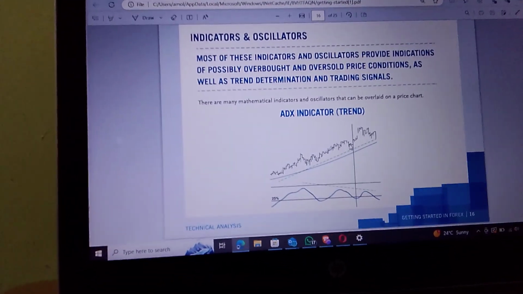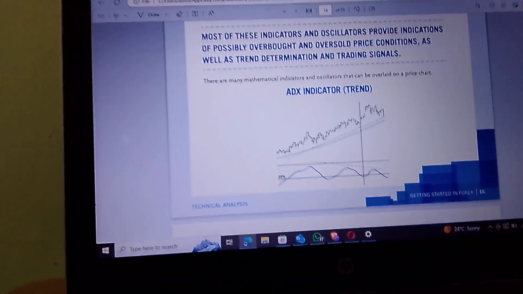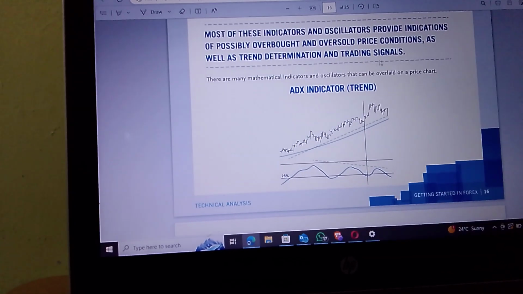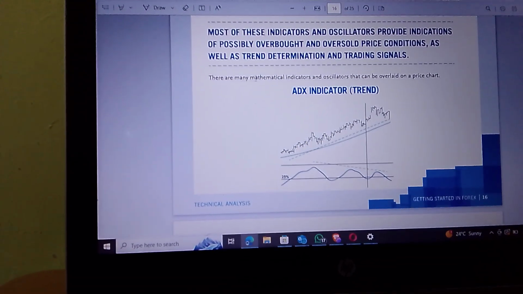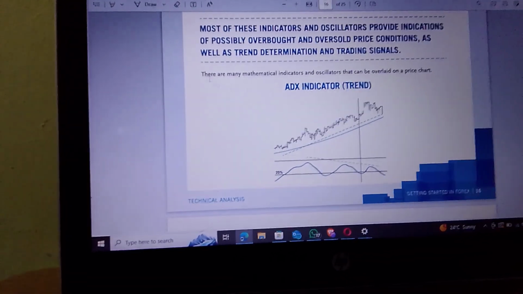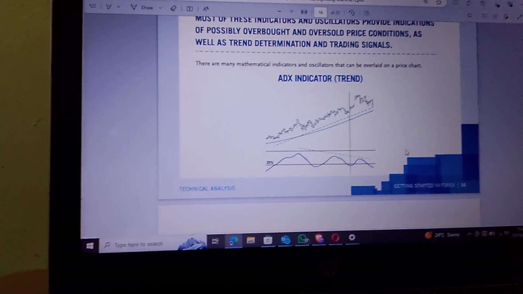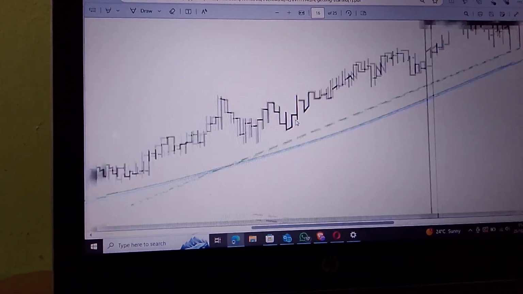So indicators and oscillators. Most of these indicators and oscillators provide indications of possibly overbought and oversold price conditions, as well as trend determination and trading signals. There are many mathematical indicators and oscillators that can be overlaid on a price chart. ADX indicators, so that's one example.